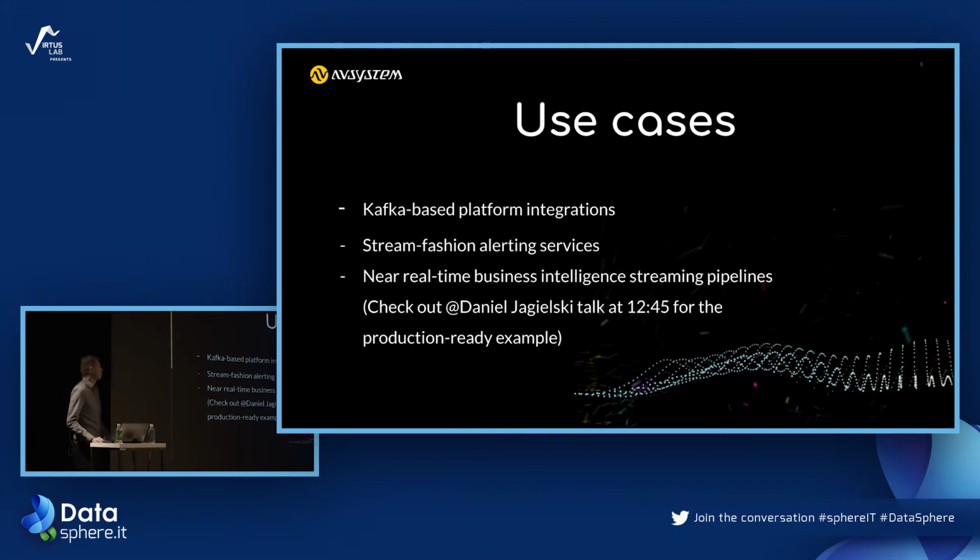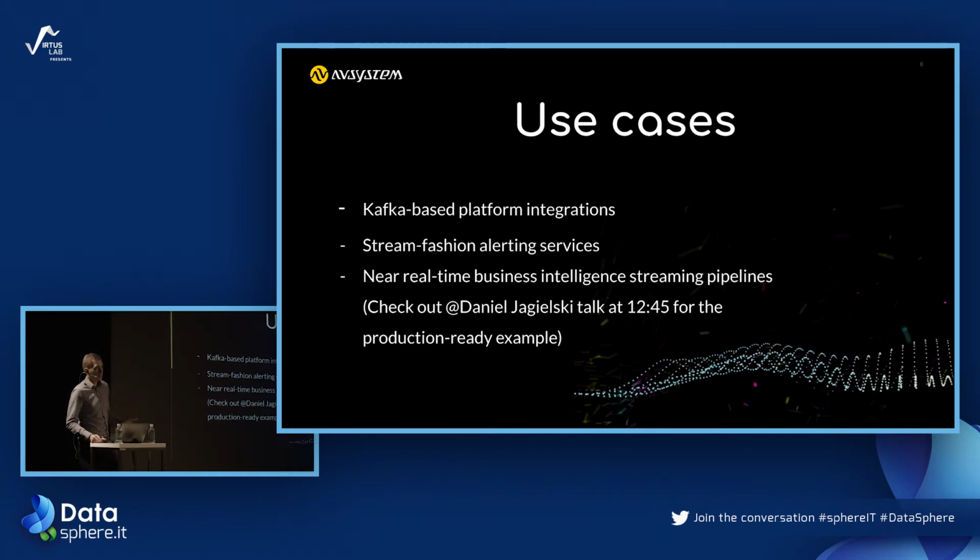How can we use Kafka Streams? Well, at its core, it transforms messages from one Kafka topic to another. So it can be easily used to perform Kafka-based platform integrations. There are cases where someone can use Apache Spark just to enrich and transform the data from one topic to another, and to do it, it requires setting up an additional computational cluster.